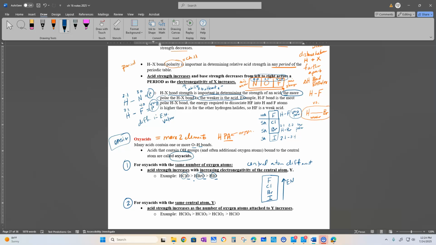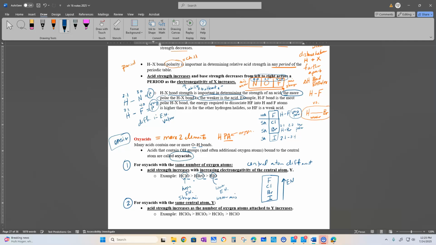So Cl is the higher electronegativity central atom, and iodine has a lower electronegativity value. This is why HClO is a stronger acid than the HIO, which is the weaker acid.